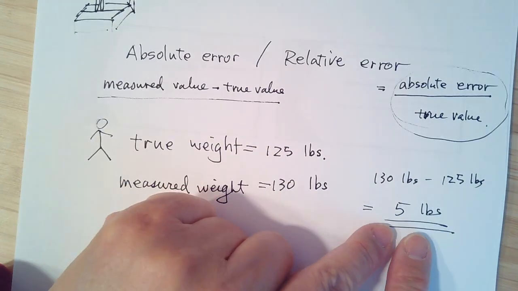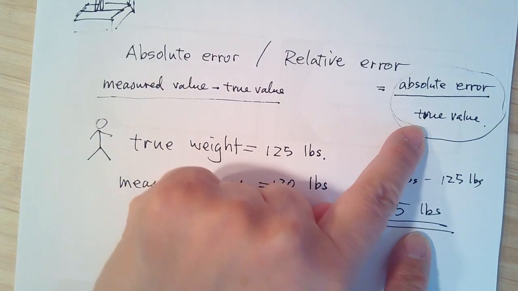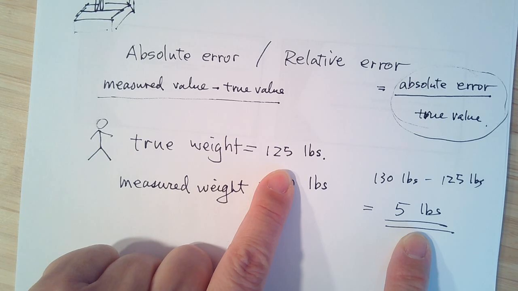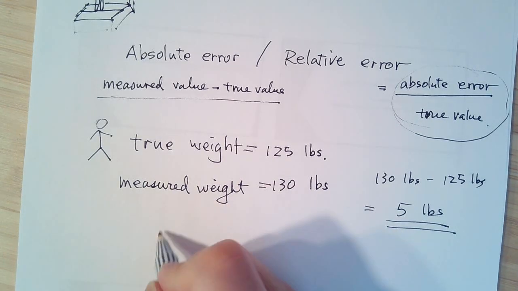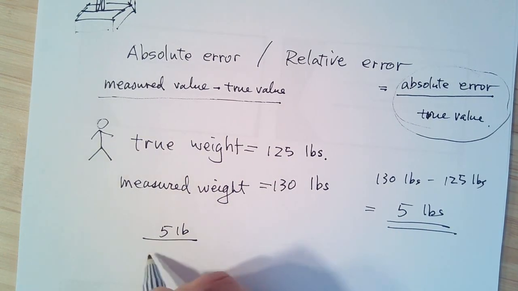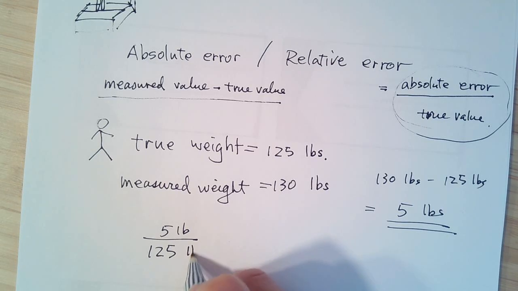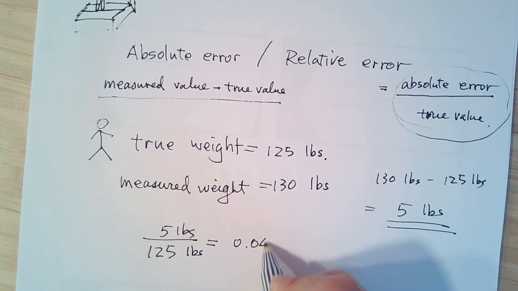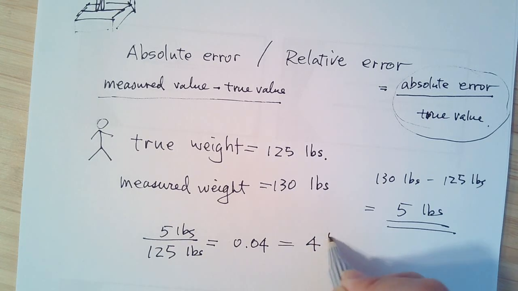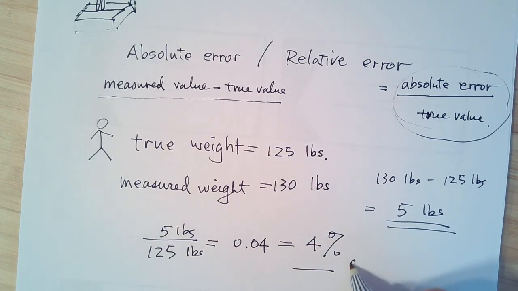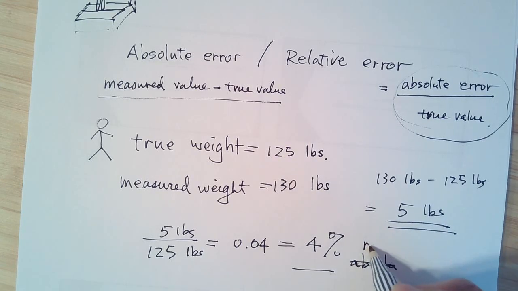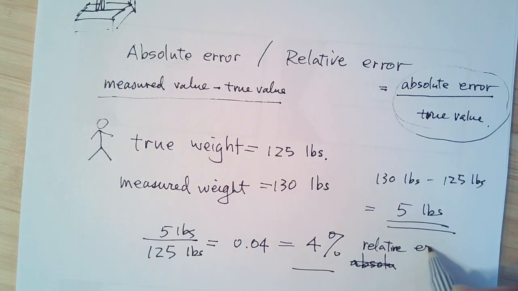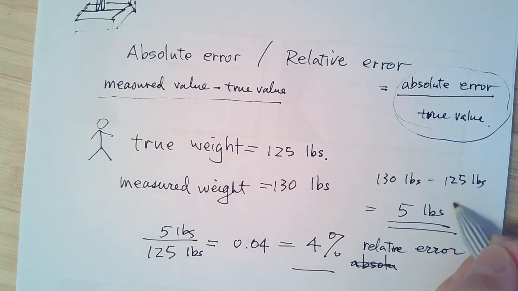Which is this 5 pounds compared with the 125 true value. So now it's going to be 5 pounds over 125. All right, and that is 0.04 or 4%. This is the absolute. Sorry, this is the relative error. This is the absolute.